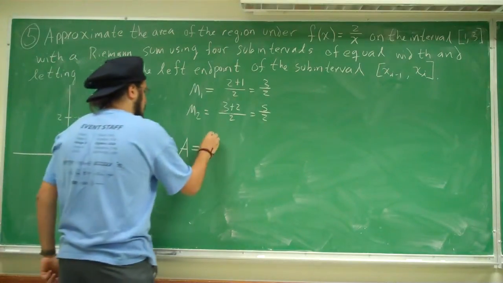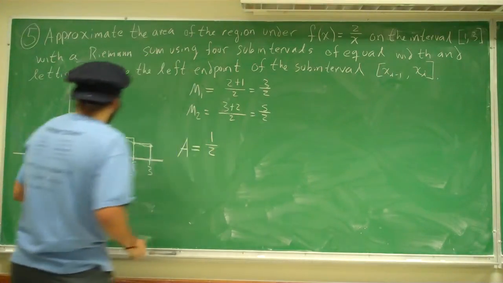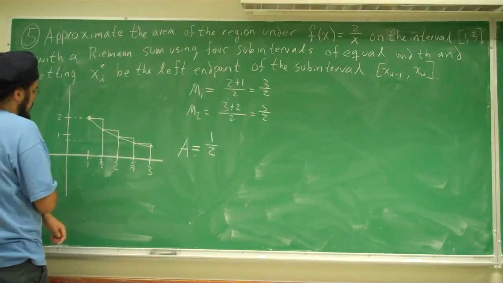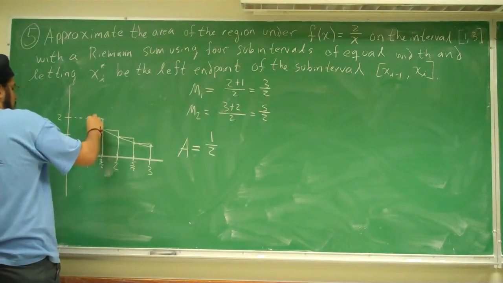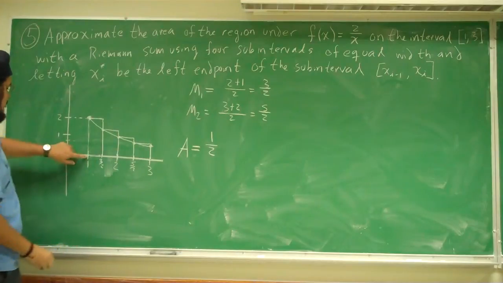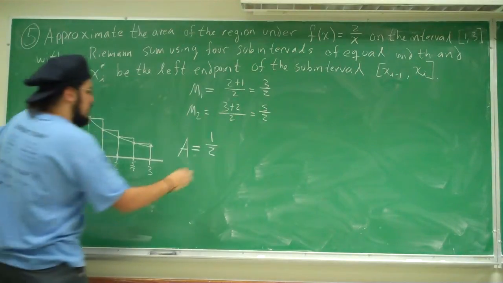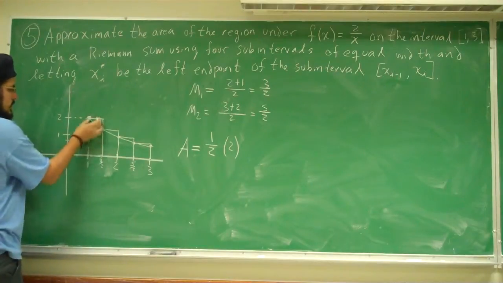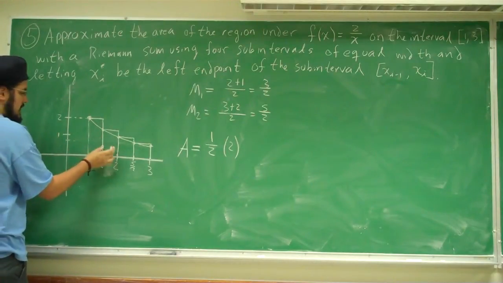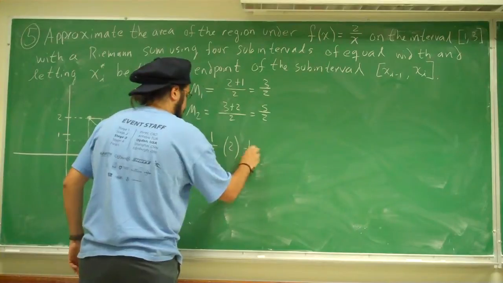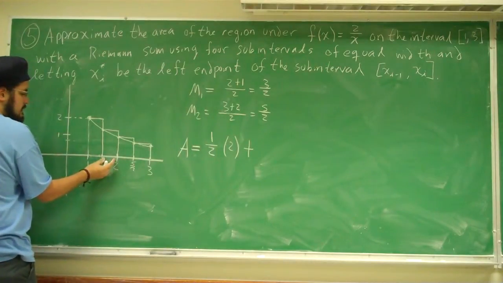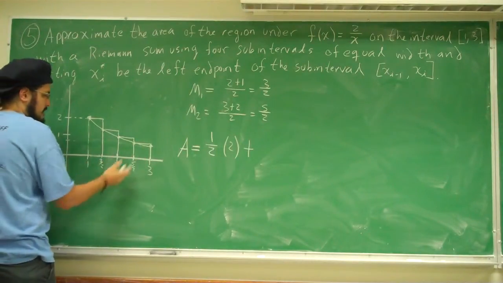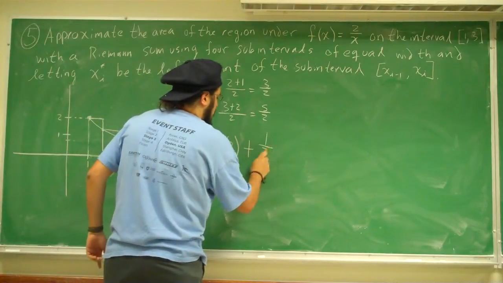So we have a 1/2 times, now we want to find this side, but we already know that this side length is 2, so we multiply that by 2. Alright, that's fine. So now we have the area of just this rectangle. Now we want to add the area of this rectangle. So plus, we already know that this little piece is 1/2, because they're 1/2 for all of them. So that's another 1/2 there.